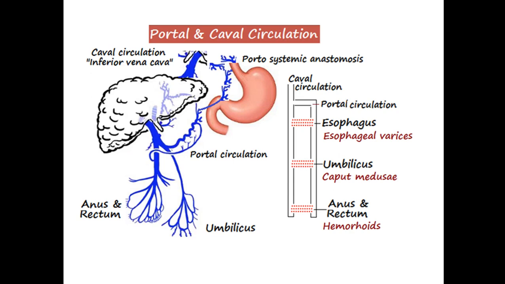Now, the superior vena cava and inferior vena cava and all of its veins and vessels, it is known as the caval circulation. So I said that the superior vena cava drains blood from the upper part of the body, and the inferior vena cava drains blood from the lower part of the body.